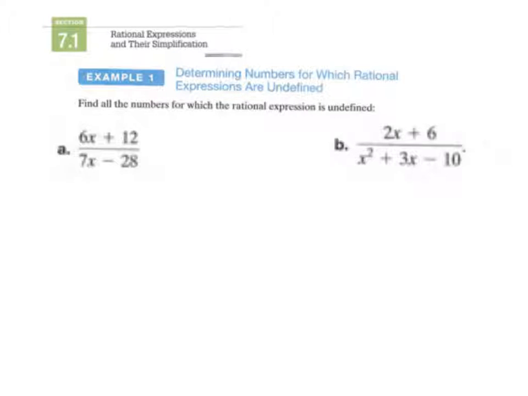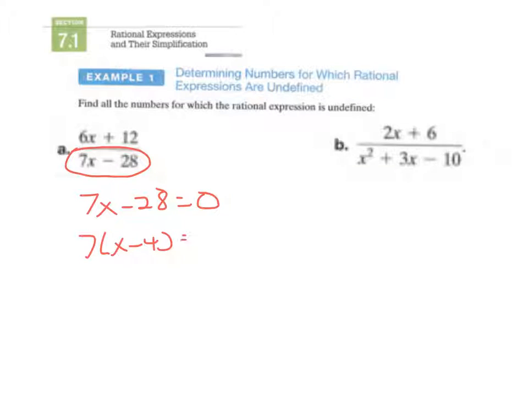To determine whether a rational expression is undefined, we just have to look at the denominator and check if the denominator is 0 or when it becomes 0. So to figure out when this becomes 0, we set 7x minus 28 equal to 0, just like we did in the last chapter, and factor out the 7 and set each factor equal to 0.